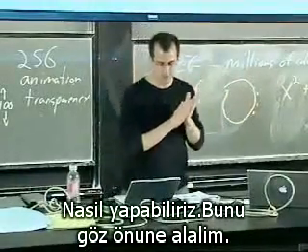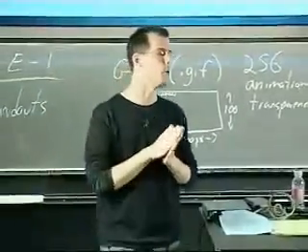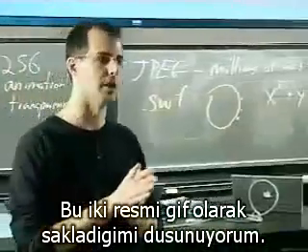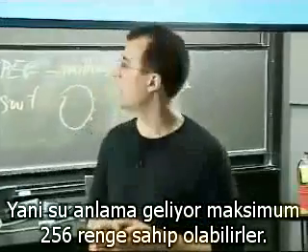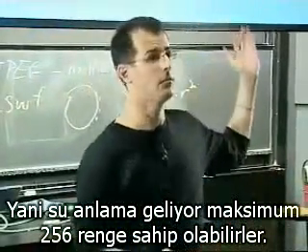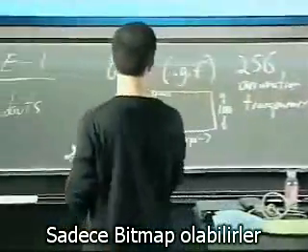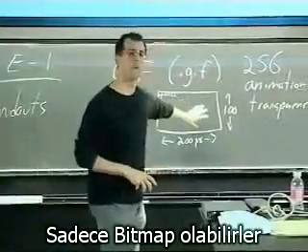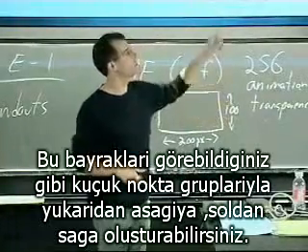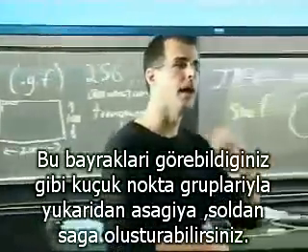Well, consider this. Here is a flag of Germany and a flag of France. Suppose that I store both of these images as GIFs, which means, again, they can only have 256 colors maximally. That's fine. We only need 3 for each of them, so that's not a constraint. They can only be bitmapped, therefore. Essentially, these flags, though you can't quite see it, are made up of a bunch of little dots, left, right, top, down.